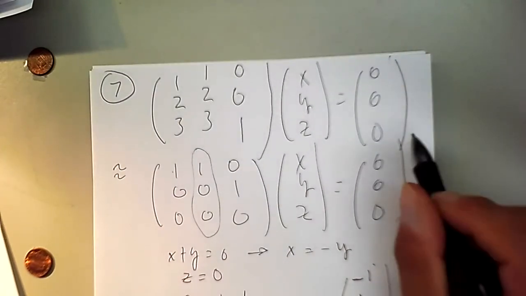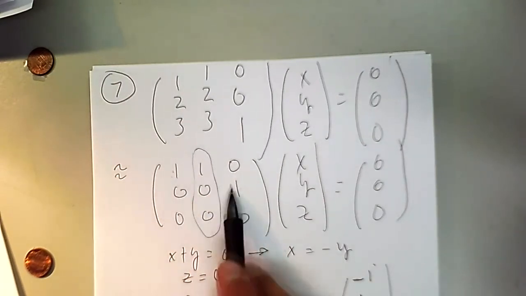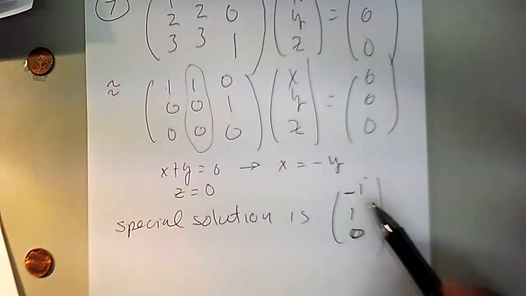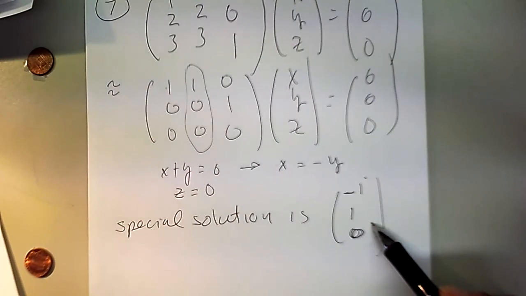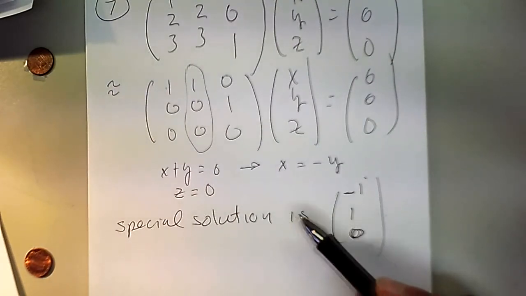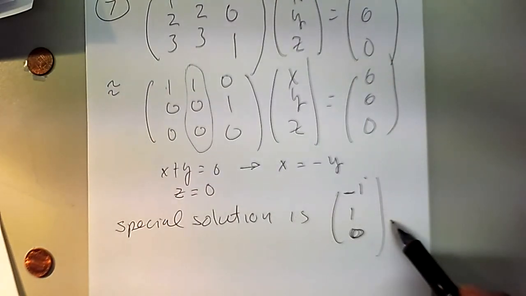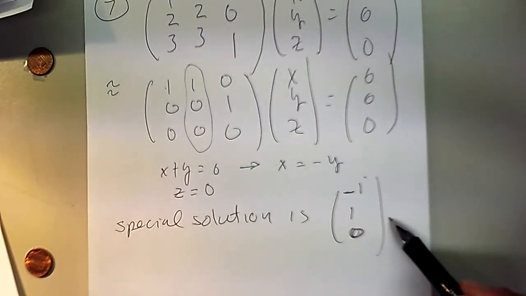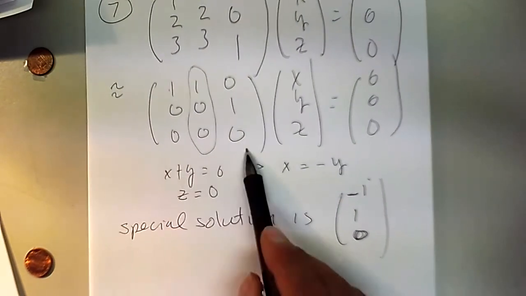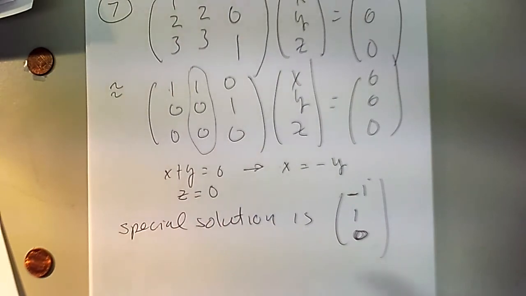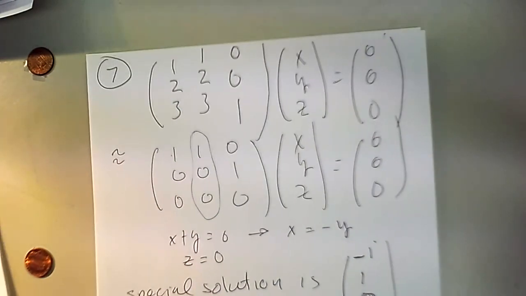The rank is 2 because we got 2 pivots. The dimension of the null space is 1. And the rank plus the dimension of the null space, or the number of special solutions, is equal to the number of columns. Please do a lot of problems and examples.